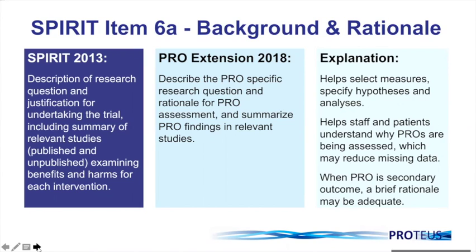This is important as it will help select measures and specify hypotheses and analyses. Crucially, it will also help staff and patients understand why the PROs are being assessed, and that can help reduce missing data in your study. Also, when PROs are a secondary outcome, a brief rationale may be adequate.